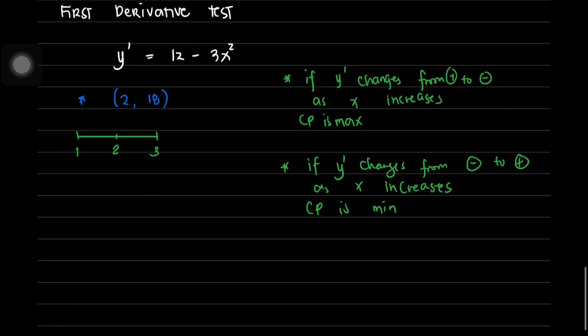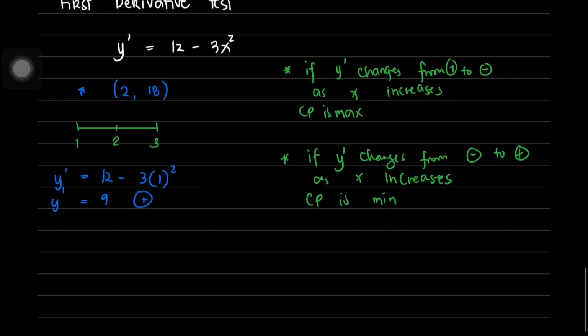If we're going to substitute 1 in here, y prime would be 12 minus 3 multiplied by 1 squared. So this is equal to 9. So y prime equals 9, which is positive. And if we substitute 3 in y prime, then y prime is equal to 12 minus 3 multiplied by 3 squared.